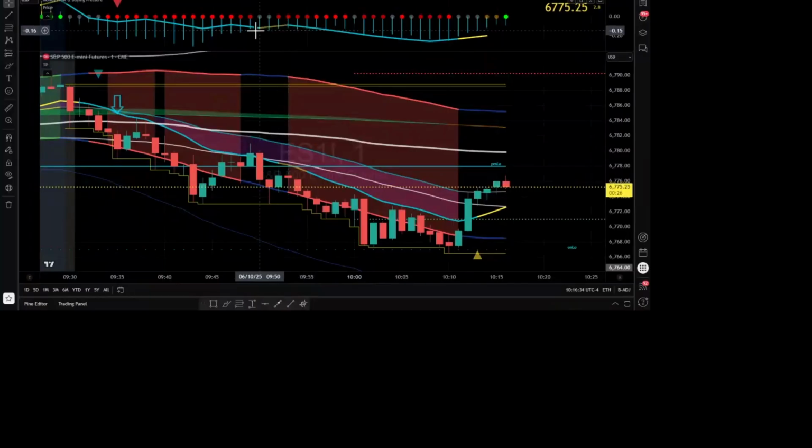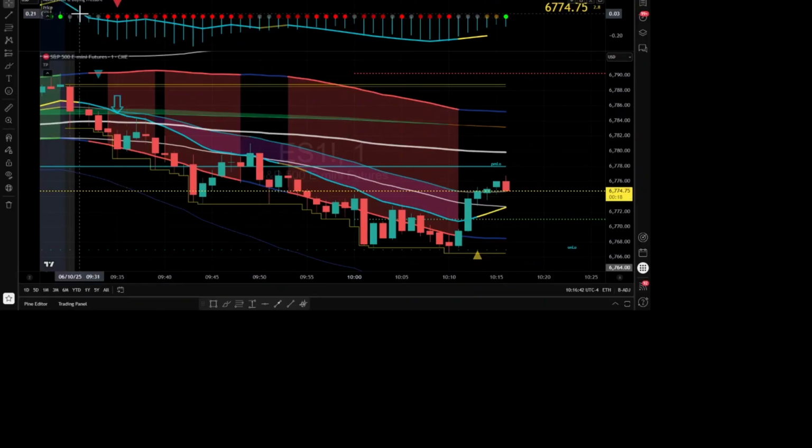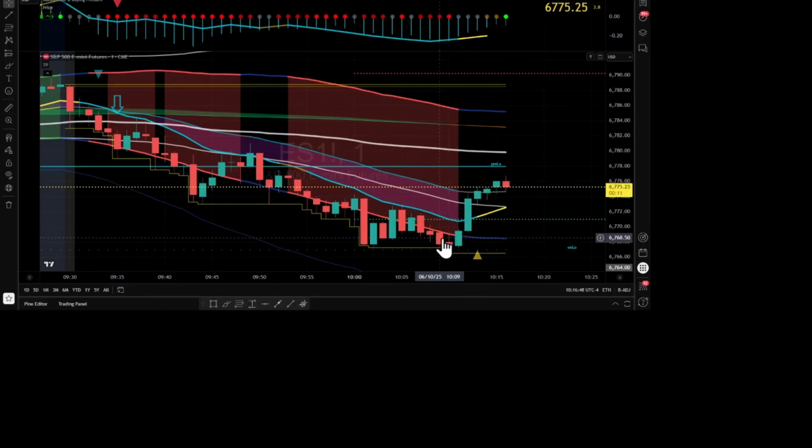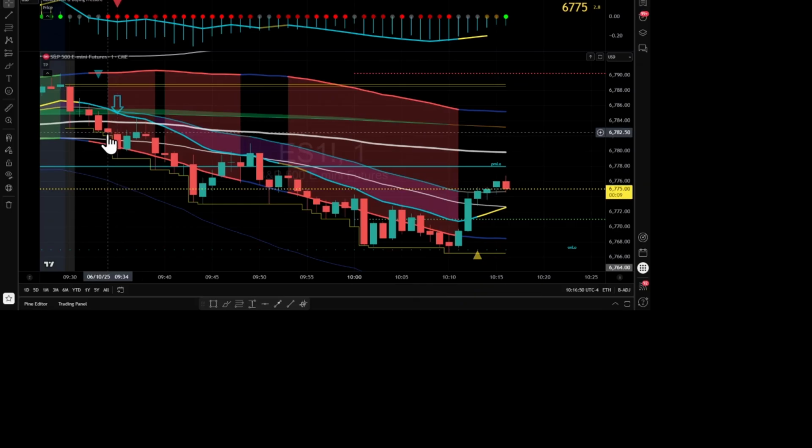So even though the bulls are starting to make a little bit of progress, it's not enough to give them the advantage. So you can see that this buying pressure or selling pressure, the blue line stayed blue all the way until we get here. So that's another thing that gives me a little bit more confidence to hold.